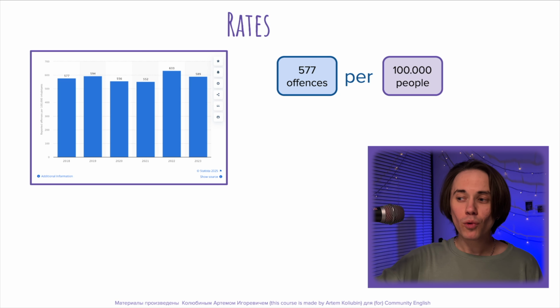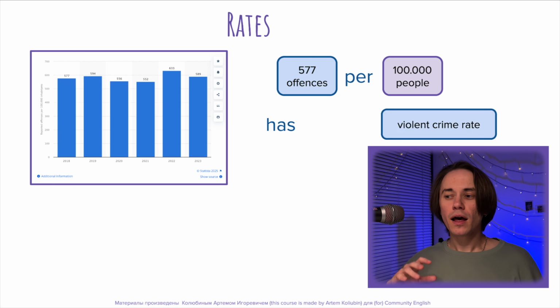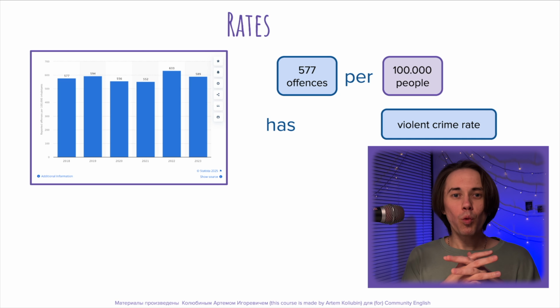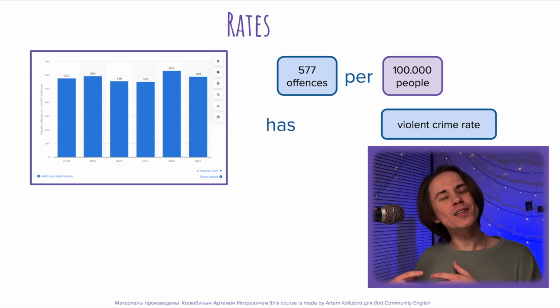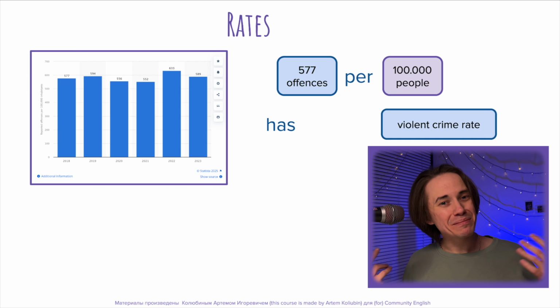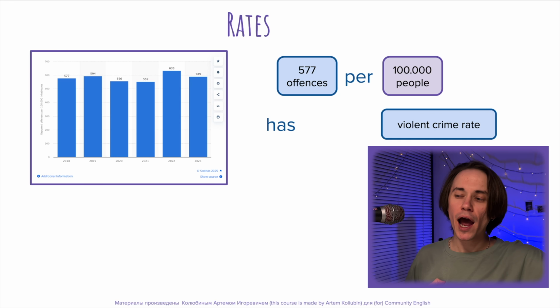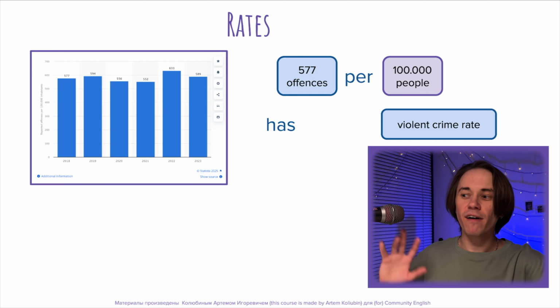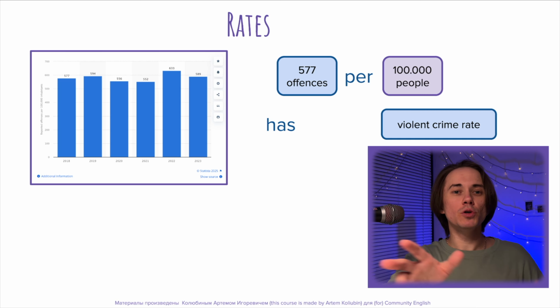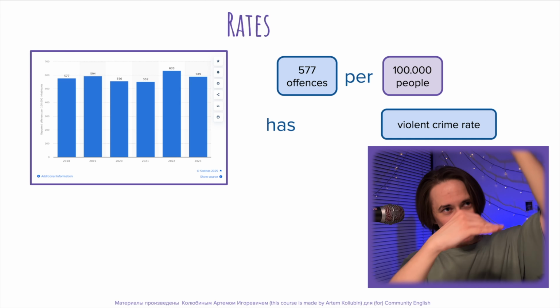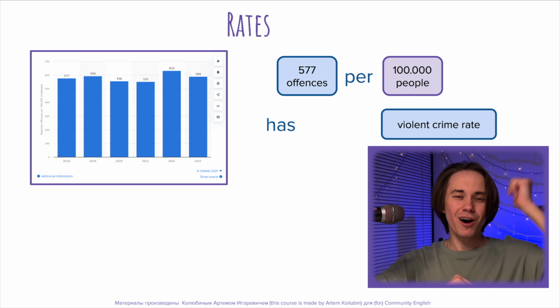Okay, so rate basically means that this kind of a percent, right? So what percent of 100,000 people reported violent crimes. And that's why we say, let's say Denmark has blah blah blah percent of violent crime rate. So what we would do would take 577 and we would divide it by 100,000.